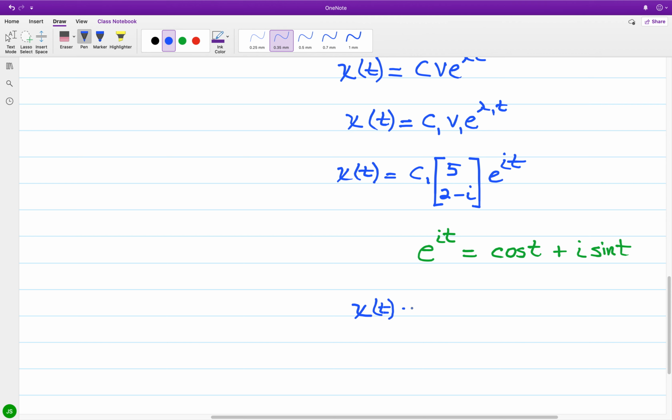So we have for x of t, c of 1 times 5 over 2 minus i, and upon replacement, e to the it becomes the cosine of t plus i sine of t.